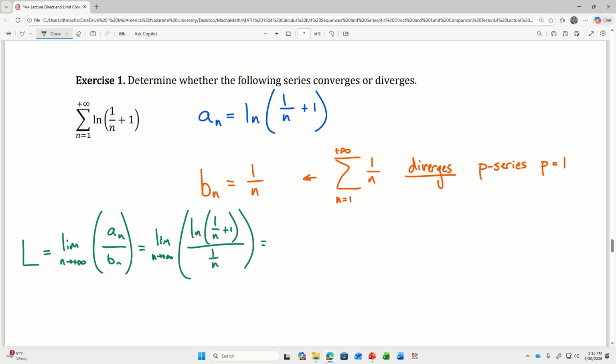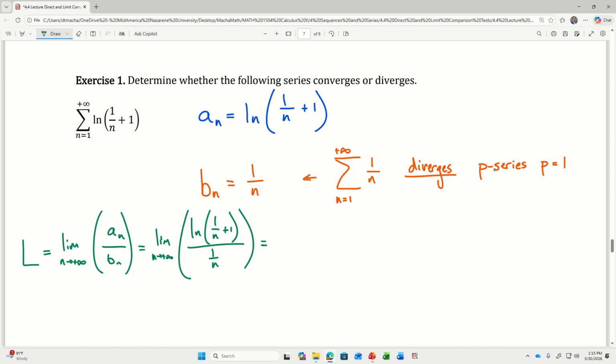And in the limit, we get, very good, 0 divided by 0 again.